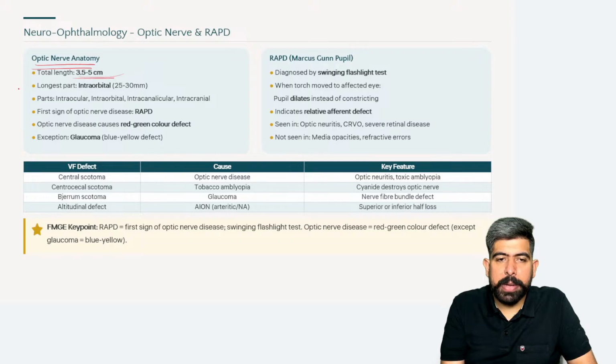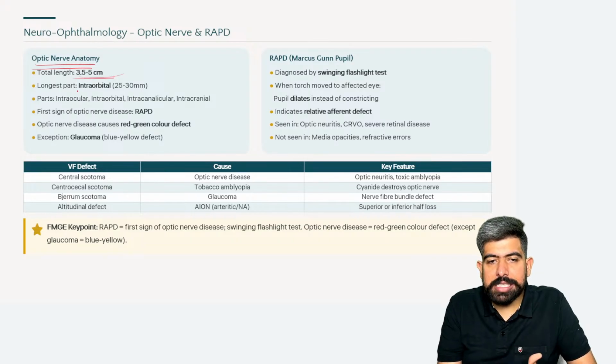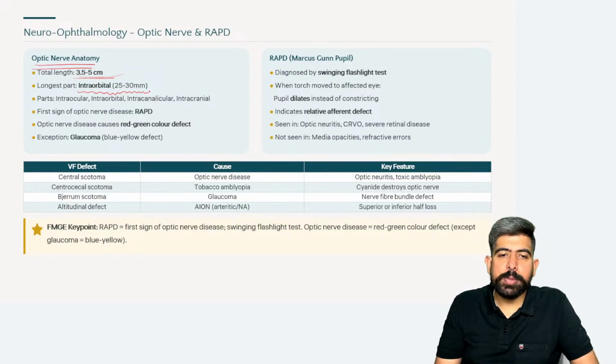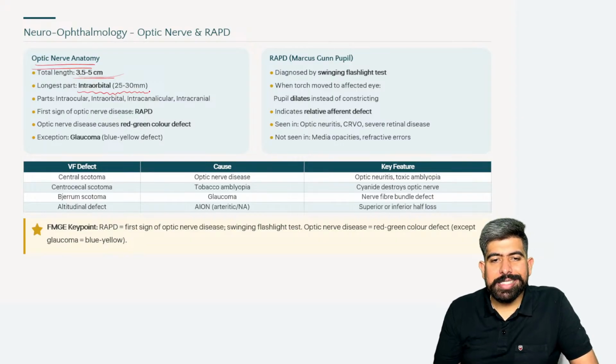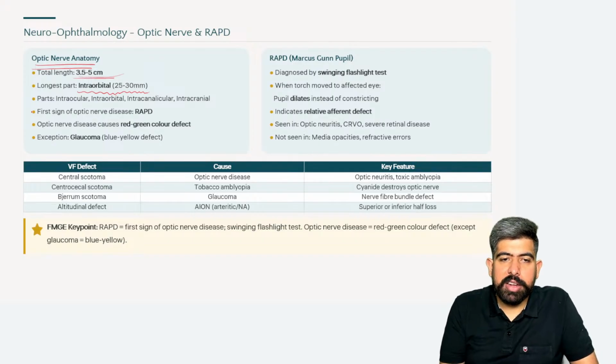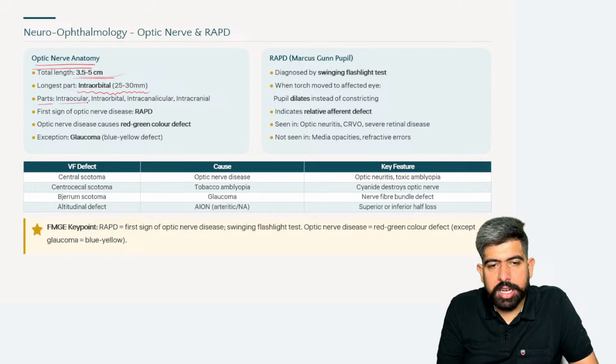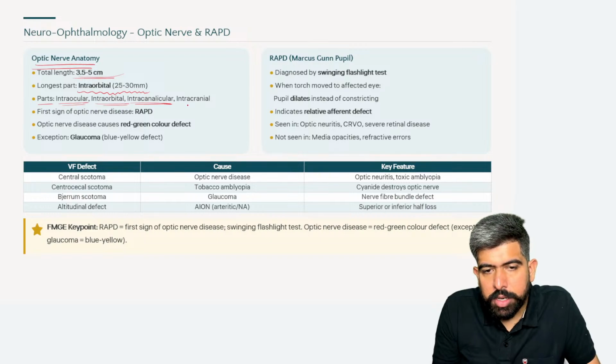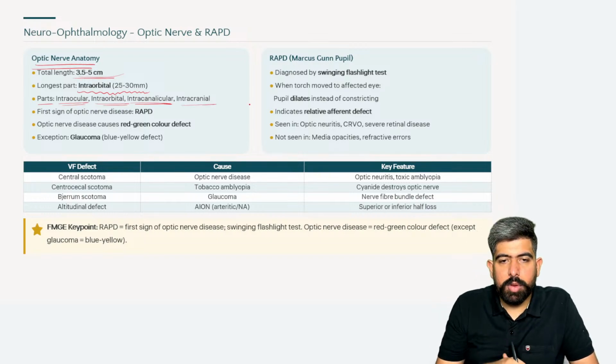The longest part is the intraorbital, which is 25 to 30 mm. The rest of the parts are intraocular, intracanalicular, and then intracranial, right?